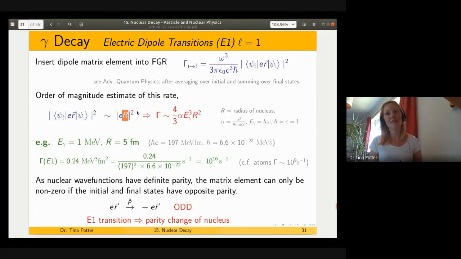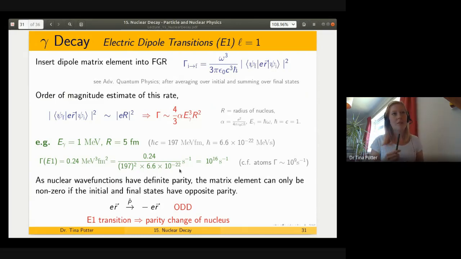So it depends on the size of the nucleus. And in fact, if we have a look at the decay rate here using Fermi's golden rule, we find that it goes as the energy of the gamma ray cubed times the radius squared. And this is coming from substituting alpha in here for our constants, Z and h bar, etc. So what does this mean, though? We're talking about electric dipole transitions.